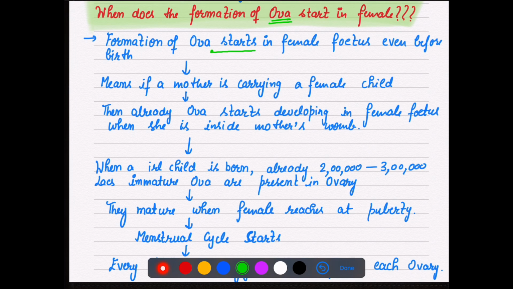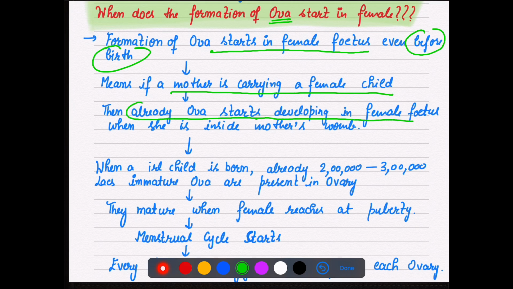It starts in the female fetus, meaning even before the birth of a female child. It means if a mother is carrying a female child, then ova or eggs already start developing in the female fetus when she is inside the mother's womb.